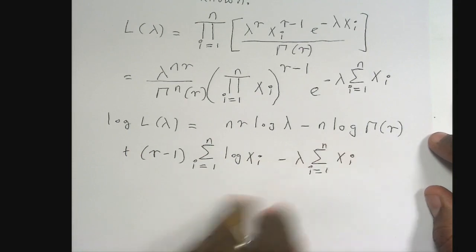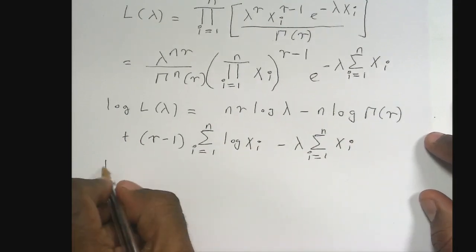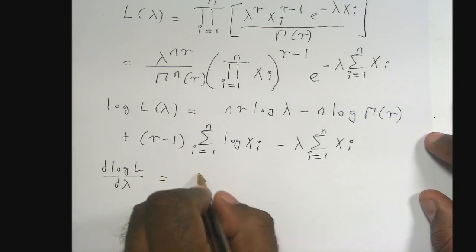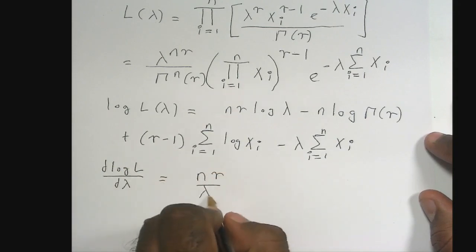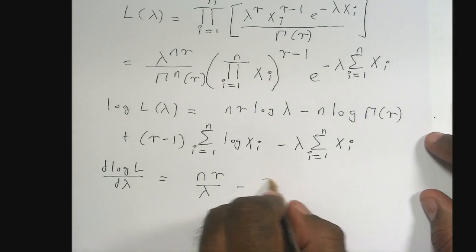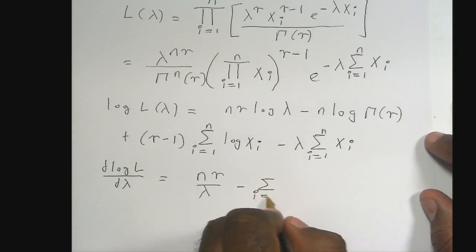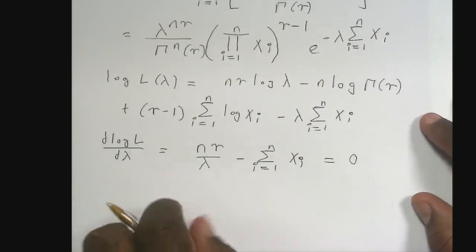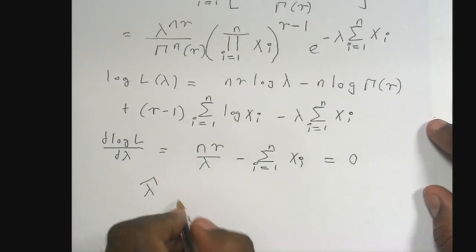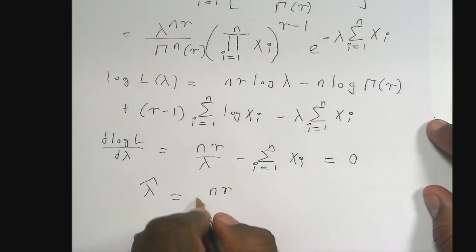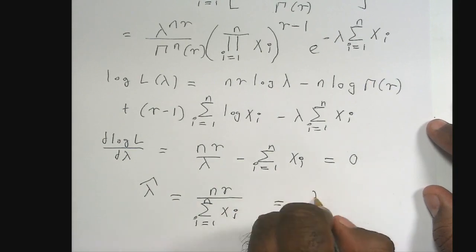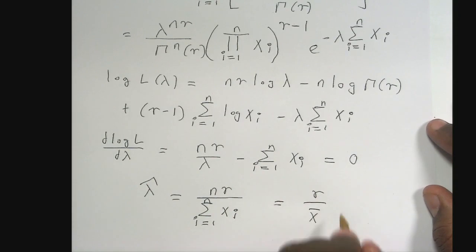The next step is to take the derivative with respect to lambda. That's the only parameter. So you get this, and you set this to 0 and solve for lambda. So lambda hat is nr divided by the sum of xi, and this is basically r divided by x bar.